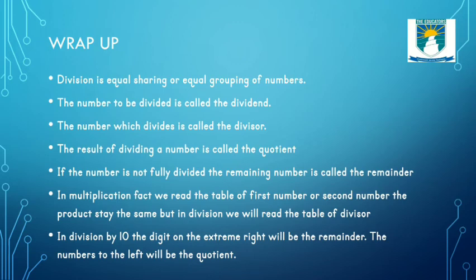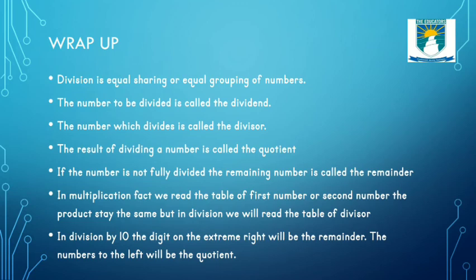The number which divides is called the divisor. The result of dividing a number is called the quotient. If the number is not fully divided, the remaining number is called the remainder.